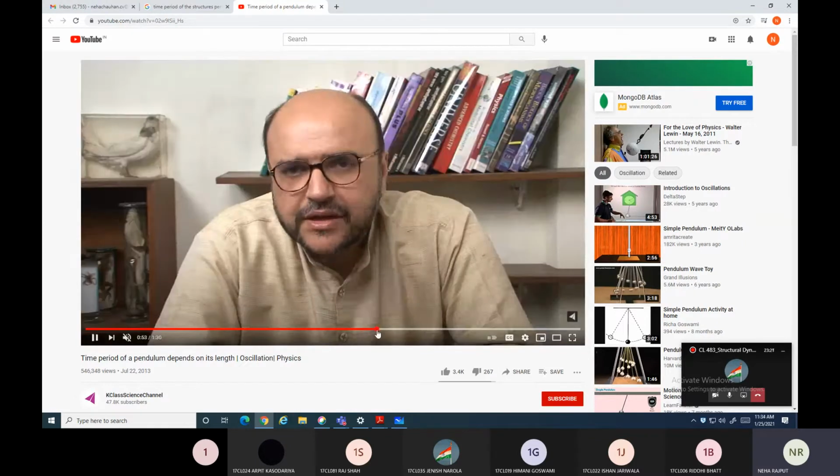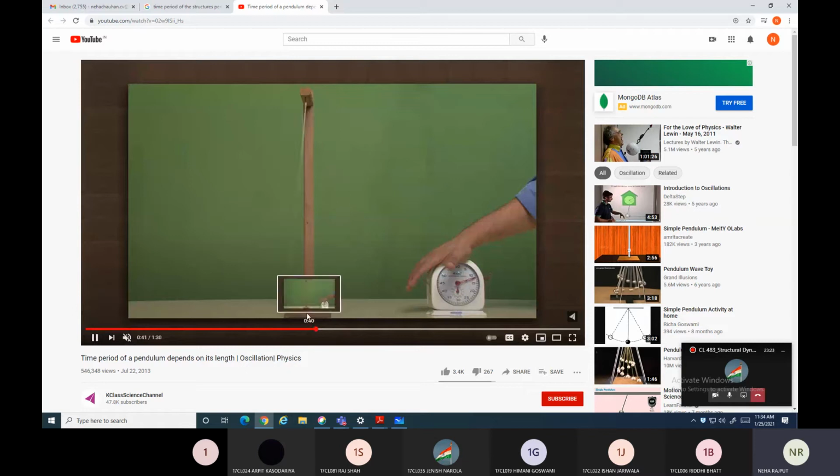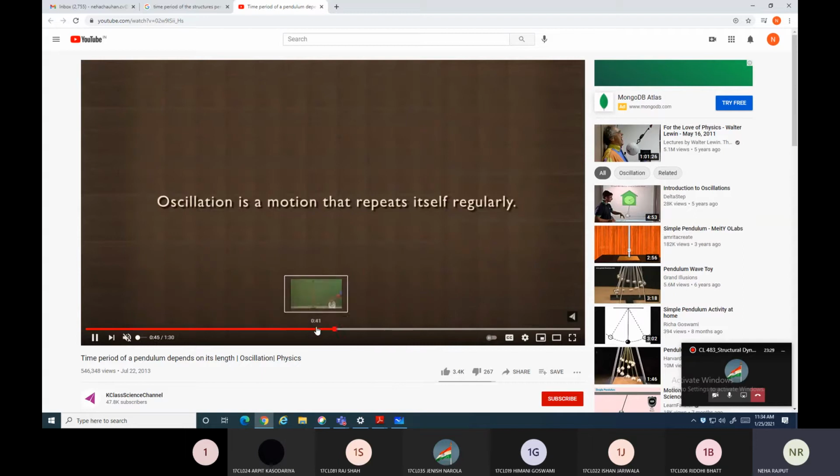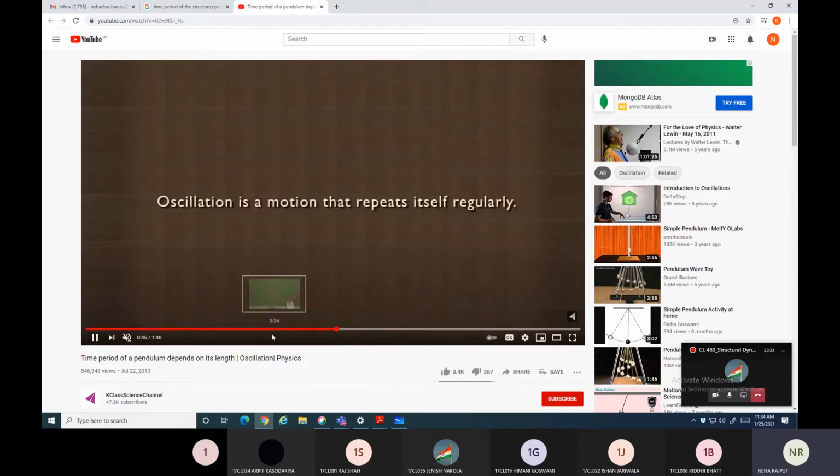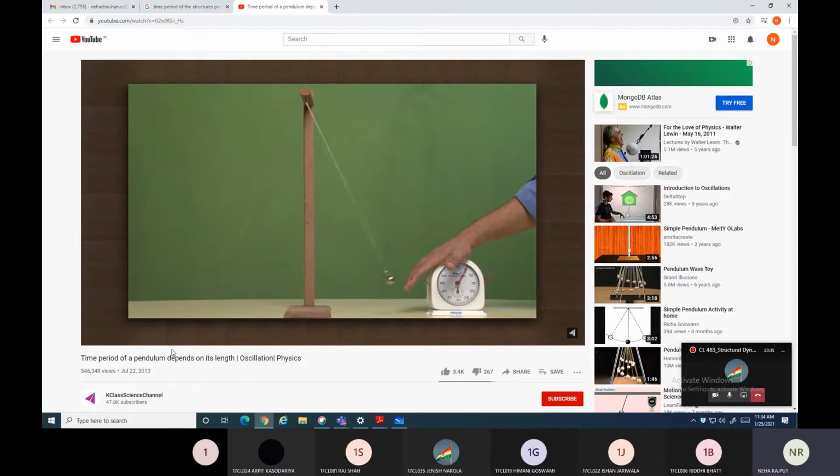So the structure which is passing from one point and again back to the original point, that time is known as the time period of the structure, right? So this pendulum is also doing the same thing: it is starting from one point and again coming back to the same point.